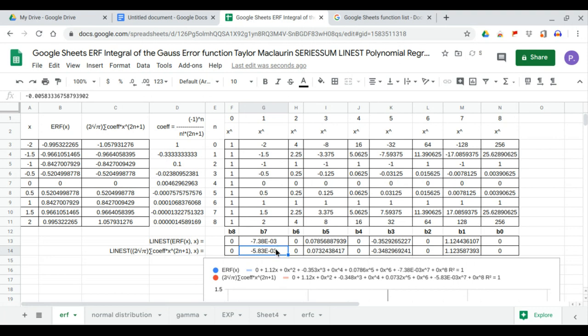So we will have different values in B7 and the higher degree, but these are smaller values. So this completes the LINEST Polynomial Regression of the Taylor Maclaurin Series Expansion for ERF, Google Sheet ERF function, the integral Gauss Error Function.